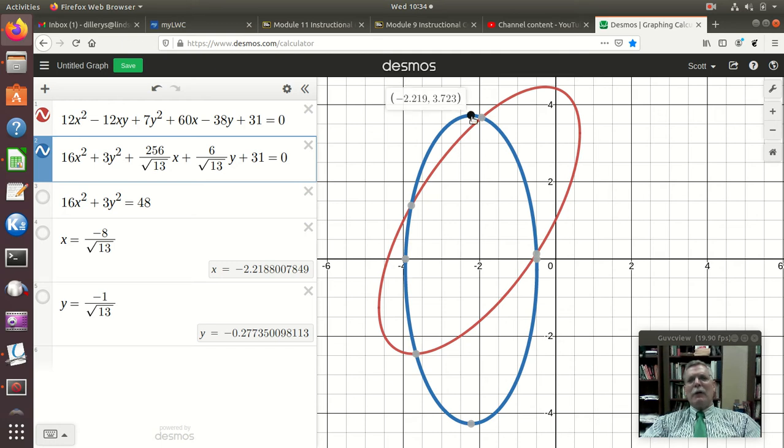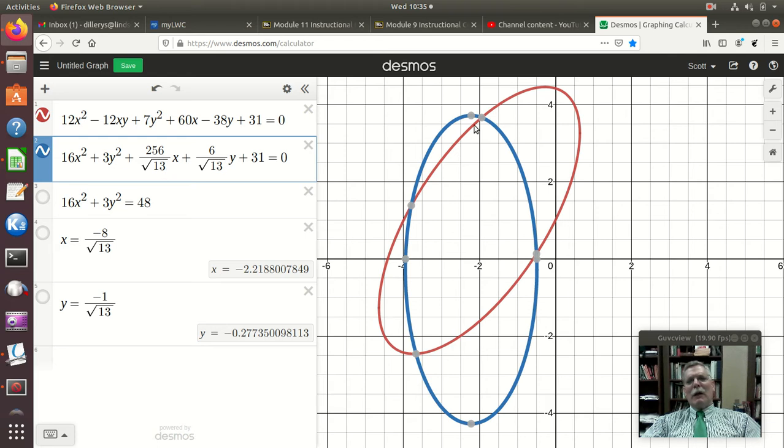But up here, I do have that, and so I get this, and so I could approximate this location here with minus 2.219.